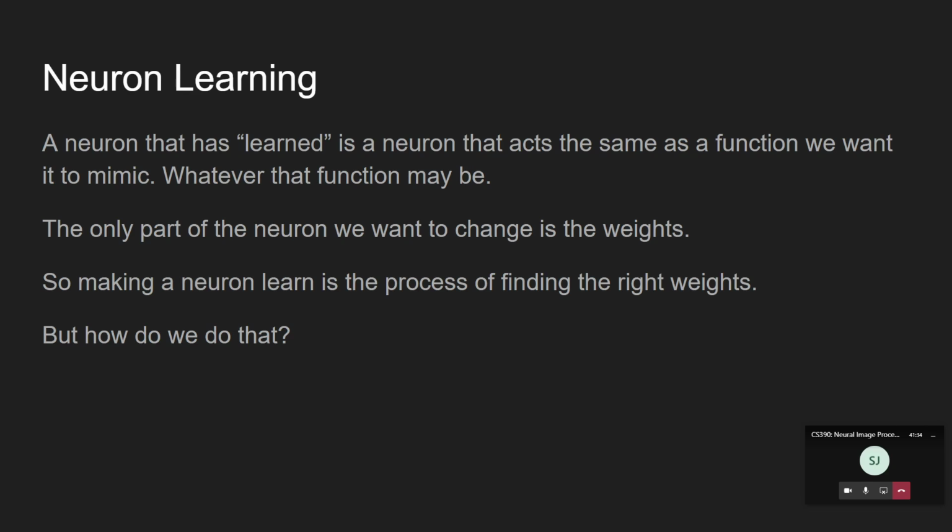And we want to do that by only changing the weights of the neuron. We aren't going to change the activation ever. We're always going to do our sum and our multiplication and everything, only the weights, including the bias weight. So what we're really trying to do is to find a set of weights that makes our neuron function act like some other function. How do we do that?